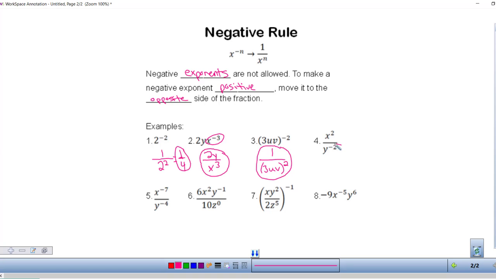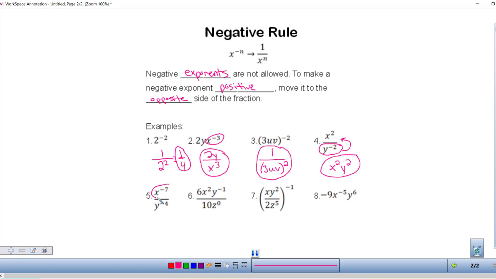Number 4, I have a negative exponent on the bottom. If it's on the bottom already, we need to move it to the top to become positive. So the x squared stays because it doesn't have a negative, and the y squared is now going to be on the top with it. If I move it to the top, I have nothing left on the bottom, so I don't even have a fraction anymore, and that's okay. We don't have to have fractions.